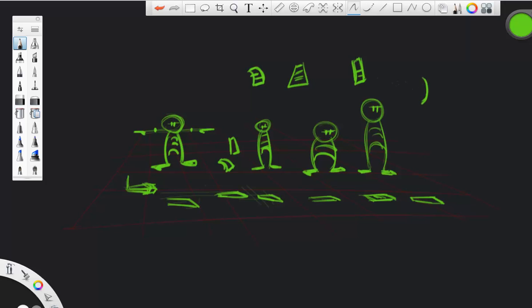Or when he's coming down, it would be this. So it is like coming down or something. So it would be this shape. We can exaggerate this.